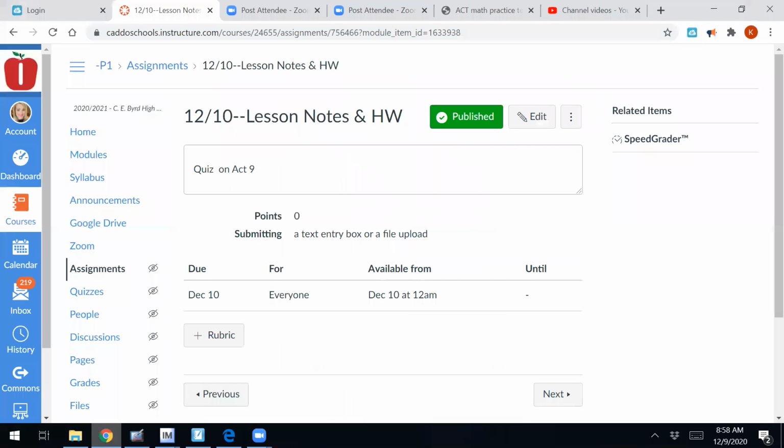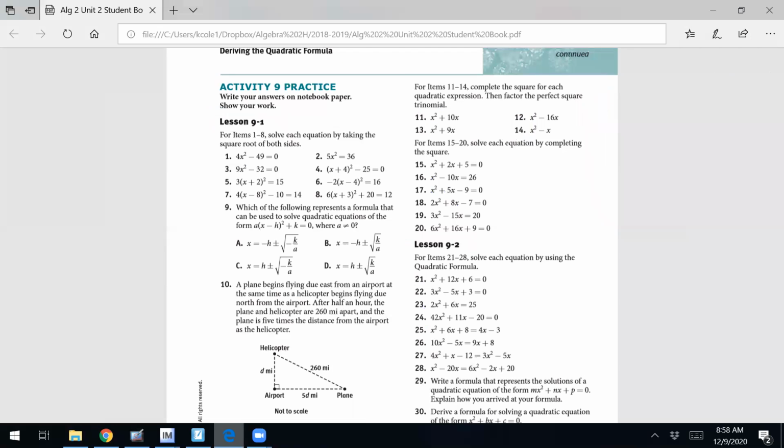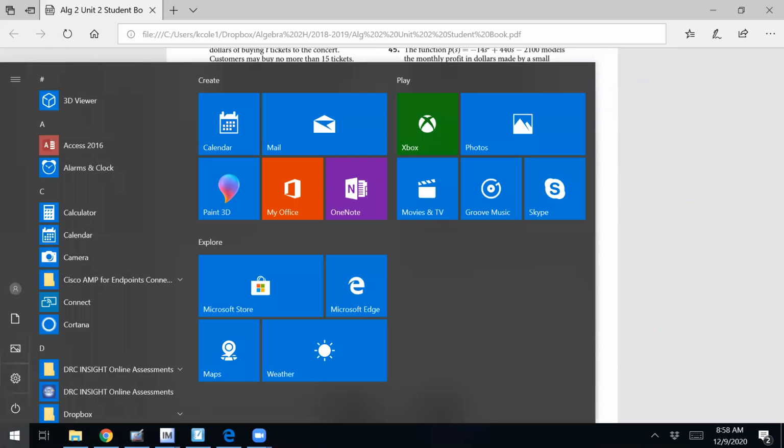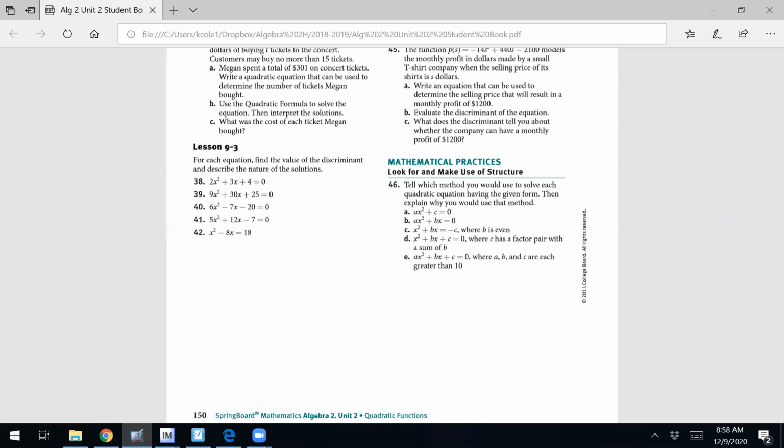On the back, you can see it says lesson 9-3. That's what we worked on yesterday. That's with the discriminant. What is the discriminant? Very good. So that's b squared minus 4ac, and you're going to do that for these.